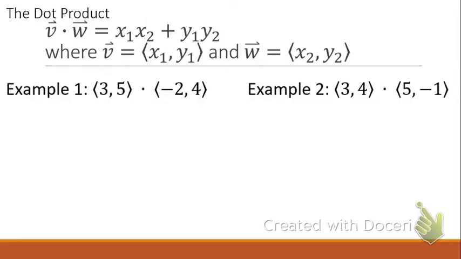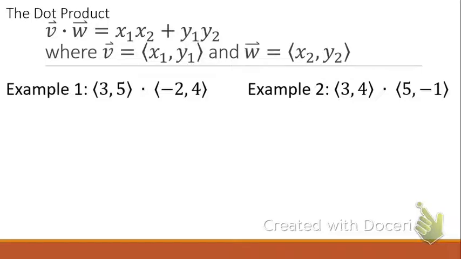All right, so really quickly, take out your notes. I think we're on page 10. We're in the back. So we have another formula that we're going to cover. It's called the dot product.